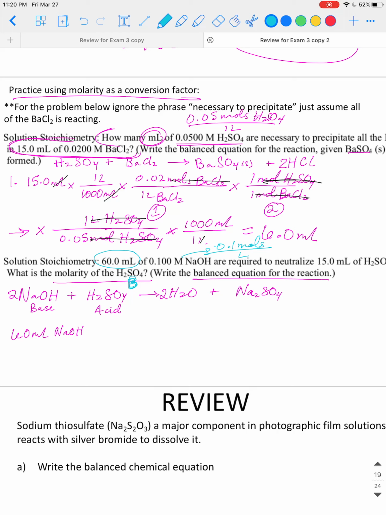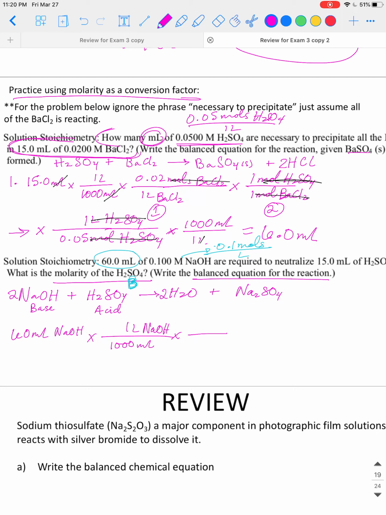That's what molarity is. And so because we have units of liters in this relationship and not milliliters, we have to first convert our milliliters down here to liters. And that will be of NaOH.